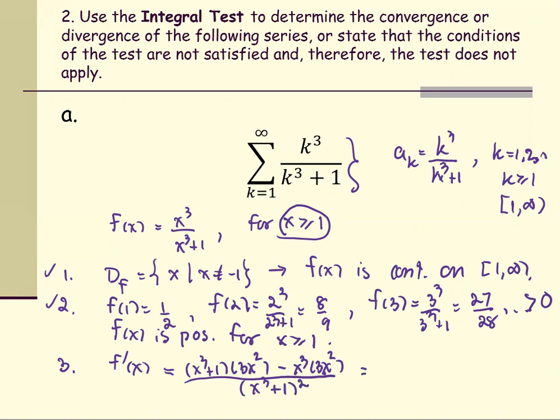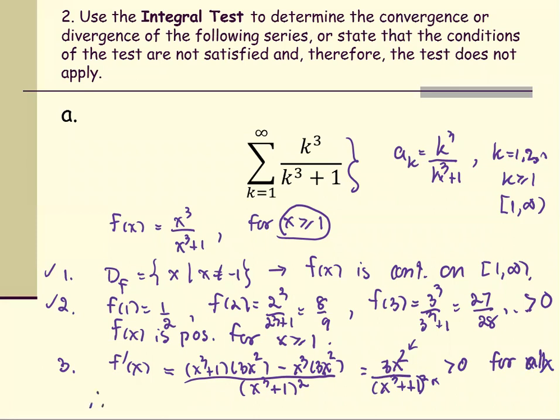Simplify to get positive 1 times 3x squared divided by the quantity x to the third plus 1 to the power 2. As you see, the power 2, they all are positive. Therefore, f prime is positive for all x.